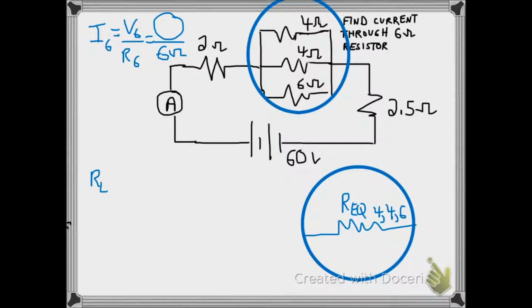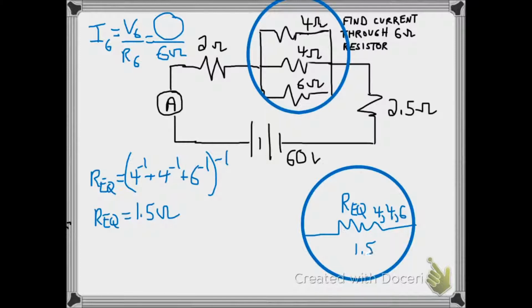The easiest way to do that is to use your calculator. So we would take the inverse of 4 plus the inverse of 4 plus the inverse of 6, but we need then to take the inverse of that to come up with an equivalent resistance of the parallel circuit of 1.5 ohms.